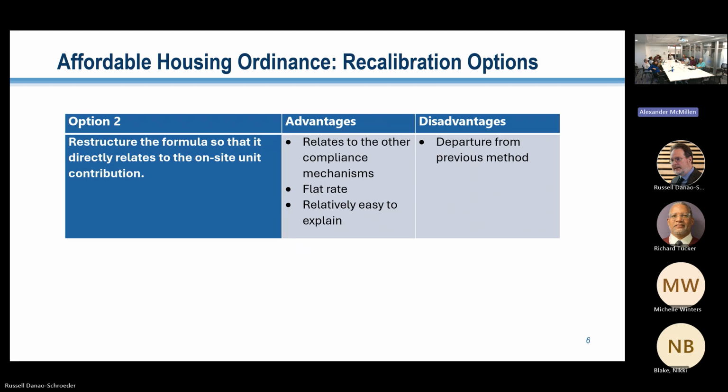The advantage to that option would be that they're related, and that it would produce a flat rate across all projects of all densities from 1.01 all the way up to 10. It's a flat rate, the same dollars per square foot of required per project. So it's, I think, relatively easy to explain.